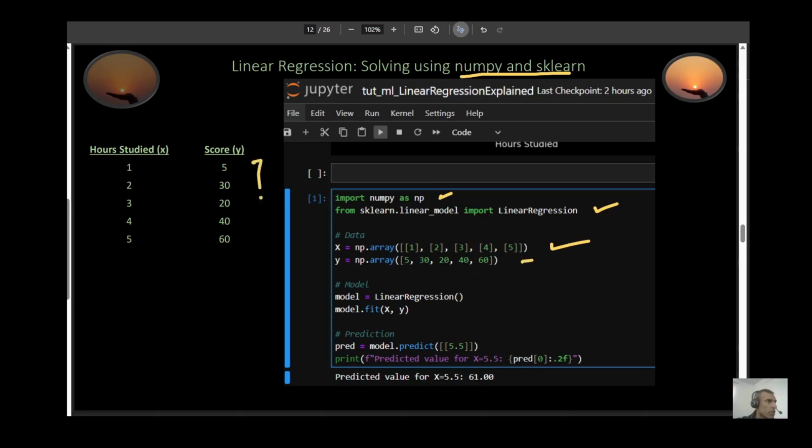And then I'm calling my model, linear regression. I'm training my model over here. The way you train a model is you call this built-in method called fit, and you give your x and give your y, and then I'm making a prediction on the value of 5.5. So for somebody who studied for 5.5 hours, I want to know what the model is predicting, and the answer is coming out to be 61.